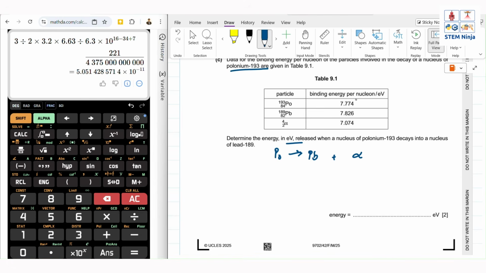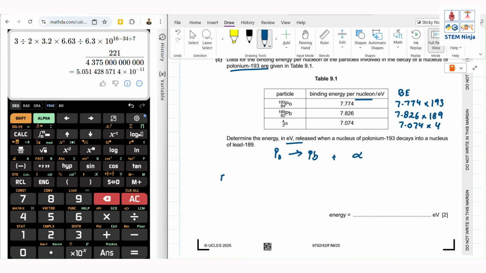Okay, so this is given binding energy per nucleon. We need binding energy in total. So 7.774 times 193, 7.826 times 189, 7.074 times 4.